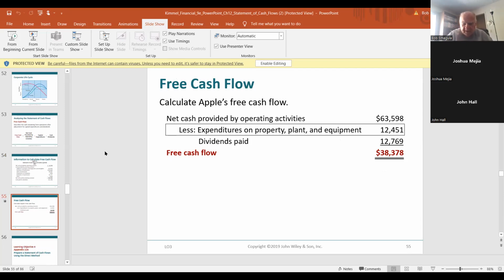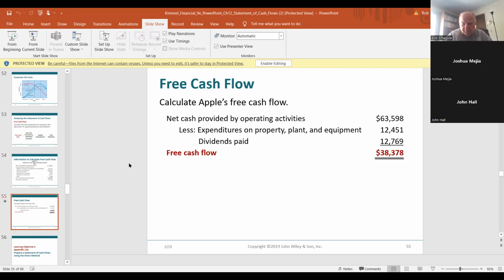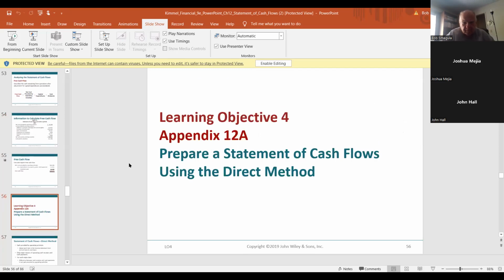You subtract that out. And here they're showing you additions to 12,451, and the dividends, 12,769. Okay, that should make some sense, huh? The company has X amount of cash, but they don't want to spend a certain amount because they're holding it for two specific reasons.